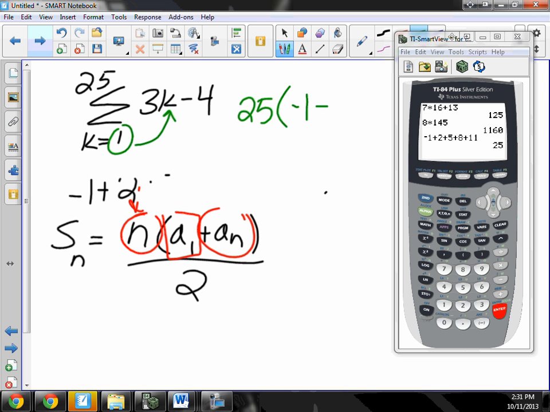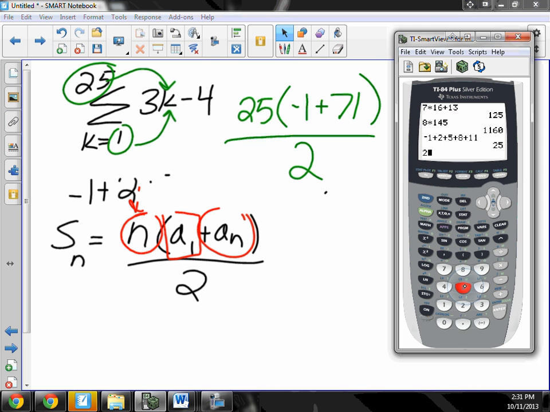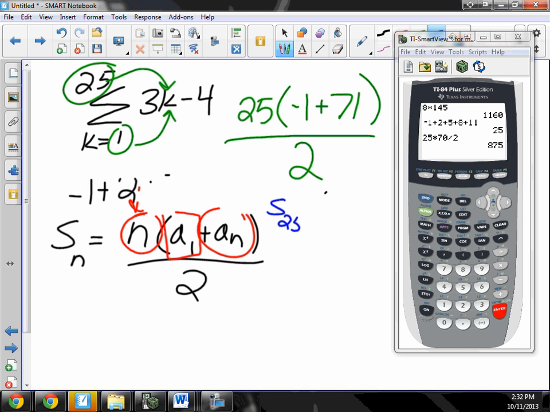And I'm going to add that to the value of my last term. So now I'm going to plug 25 into this formula. 75 minus 4 is 71, and then I cut that in half. So 25 times 70 divided by 2. So in this case, S sub 25 equals 875.